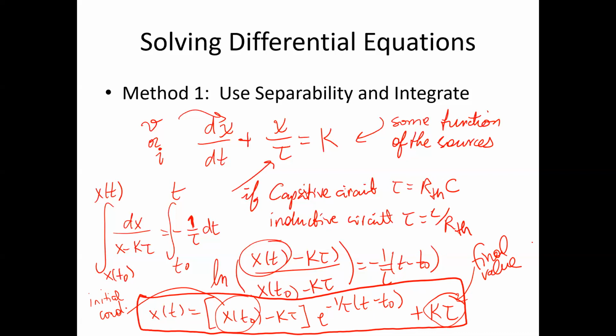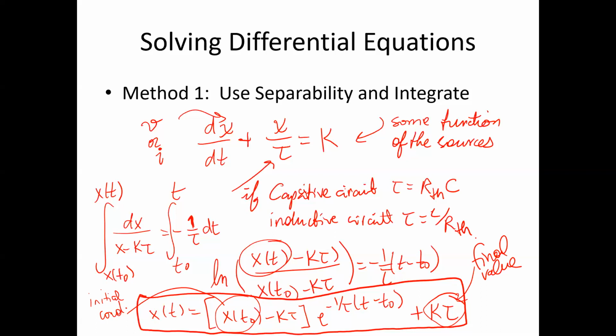You can see this because if you substitute t equals t naught, which would be the event of the switch moving, then this exponential here turns into just 1. K tau adds to k tau and cancels, and you're just left with x of t naught. So when t equals t naught, our initial value is x of t naught.